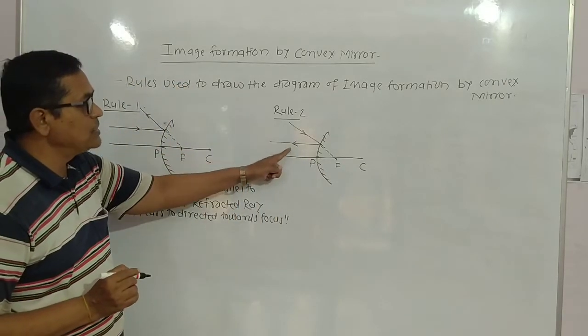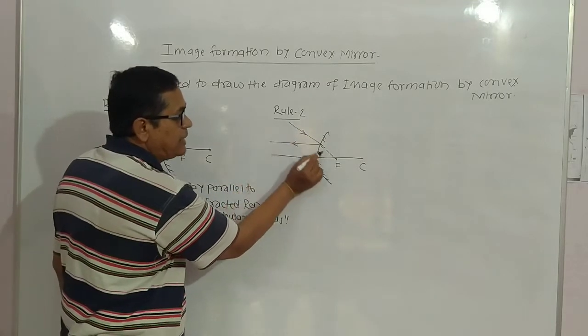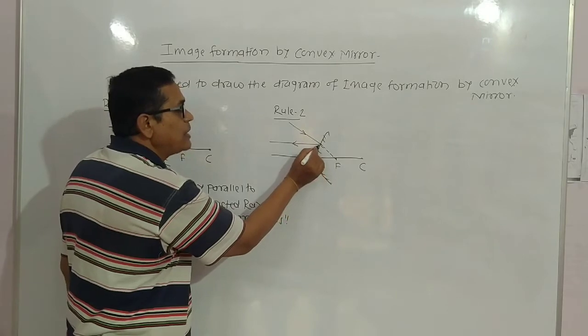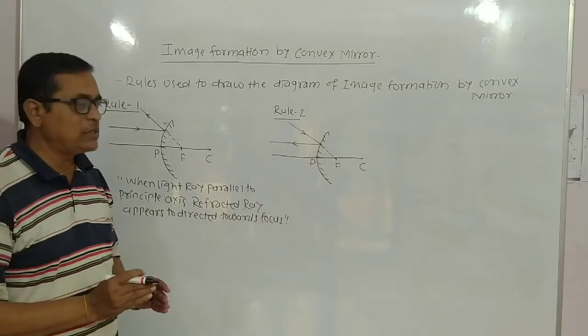Dear student, look at the direction of the ray. Here the incident ray is directed towards the focus, then the reflected ray is parallel to the principal axis. That is rule number two.